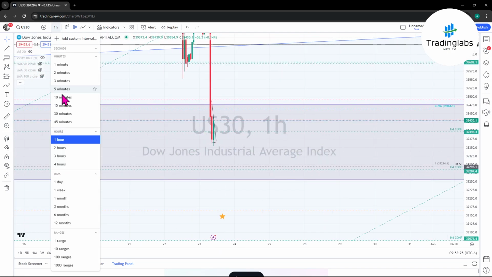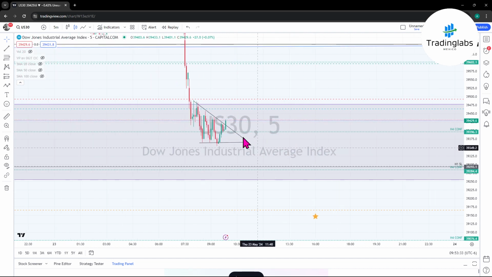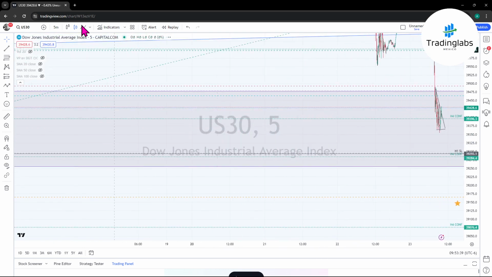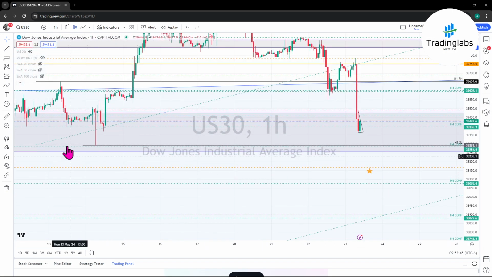In 1 hour, 5 minutes, it's a break of this counter, this wedge. But what I don't like in the higher time frame is that it needs to liquidate this low.